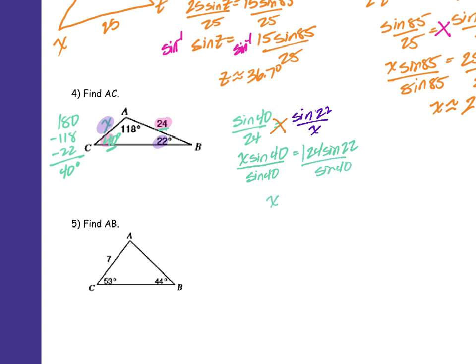And I'm just going to put this whole thing right into my calculator, into Desmos. I'm going to show you in Desmos how I put it in. Probably in most of your calculators, you're going to put it the same way. I'm going to put it in parentheses. It'll be 24 sine of 22, parenthesis, and then divide by sine of 40.